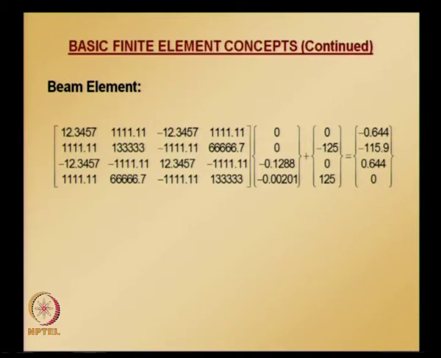Here the moment and shear at the ends are the applied forces. Suppose we want the values of the rotations and transverse displacement that we calculated, V2 and theta 2.